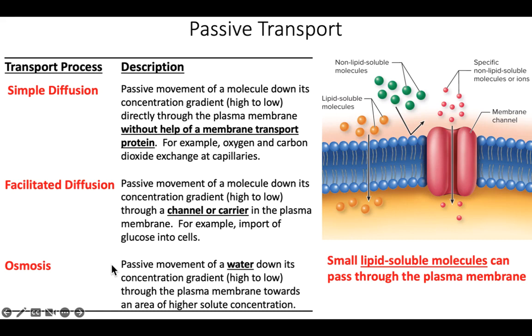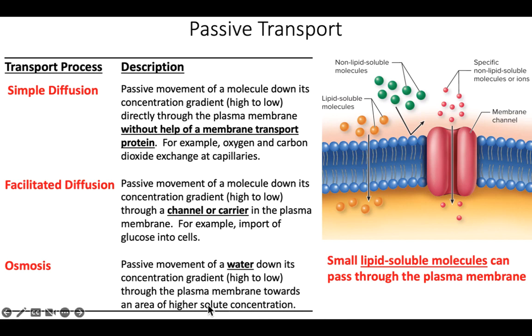Osmosis, only difference there is we're dealing with water. So now instead of looking at maybe a lipid or an ion, we're looking at water. So water will go from where there's a lot of water, a high concentration of water, to where there's a low concentration of water. Another way to look at osmosis is not looking at necessarily the water concentration, but where you have a lot of solute.